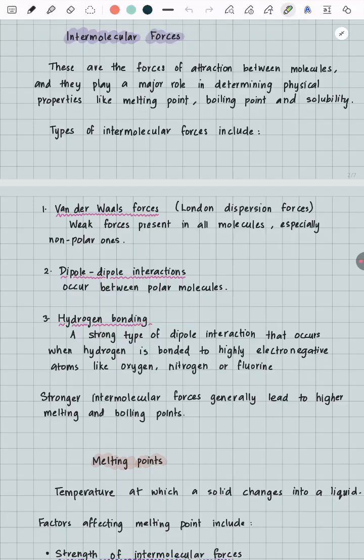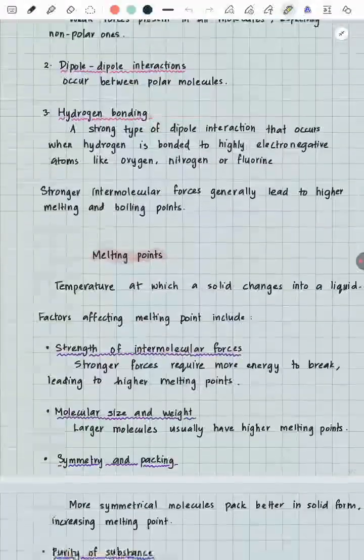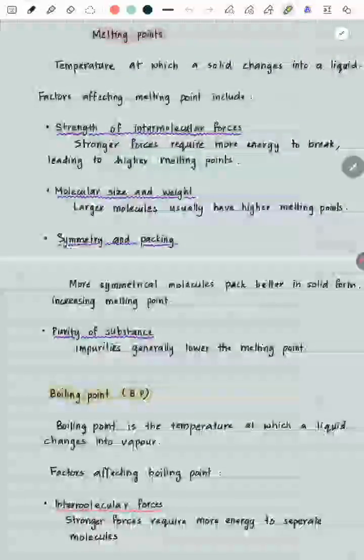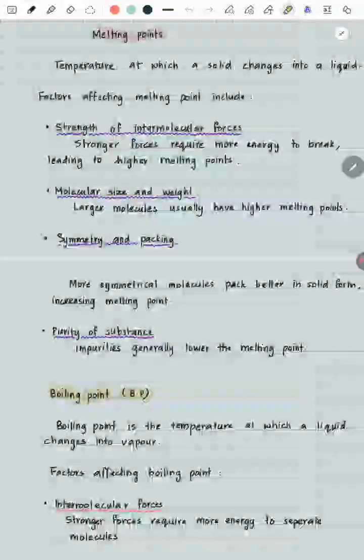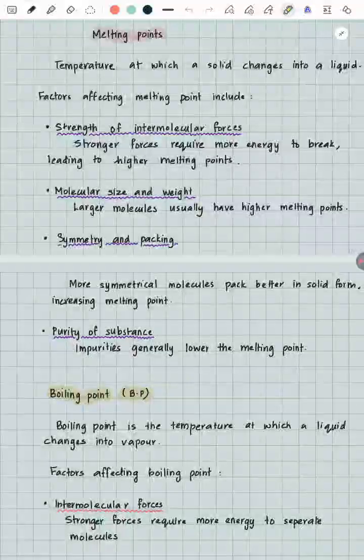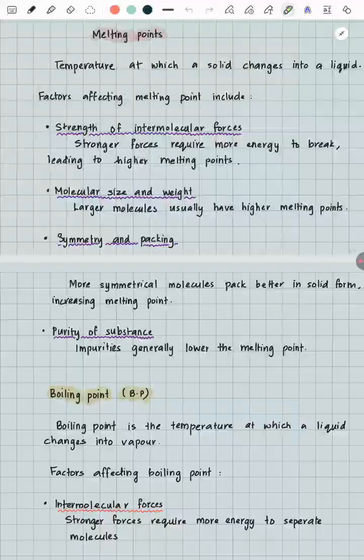Now, based on these intermolecular forces, we can understand the melting point. Melting point is the temperature at which a solid changes into a liquid, and if the intermolecular forces holding the molecules together in the solid state are strong, more energy is required to break them and the melting point will be high. If the forces are weak, the melting point will be low.